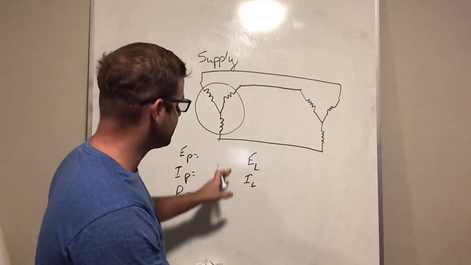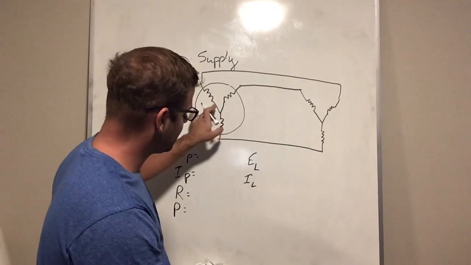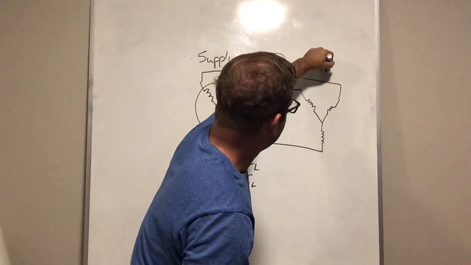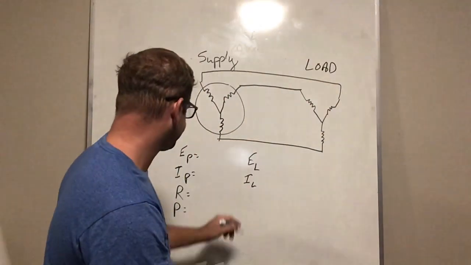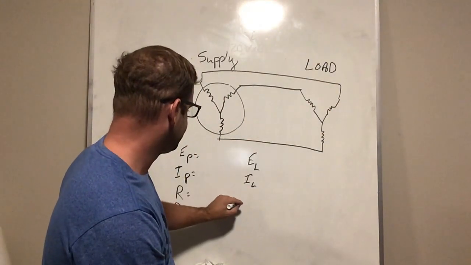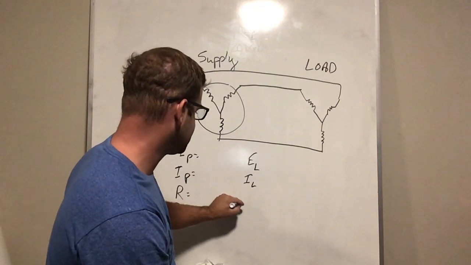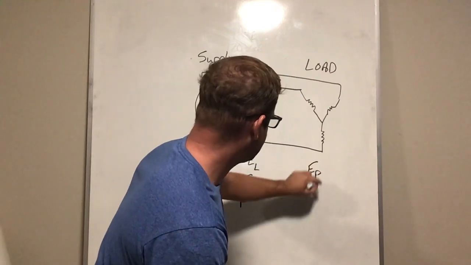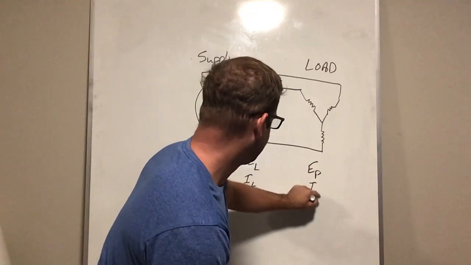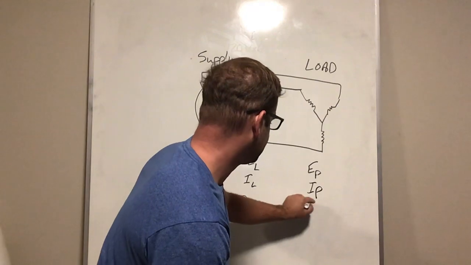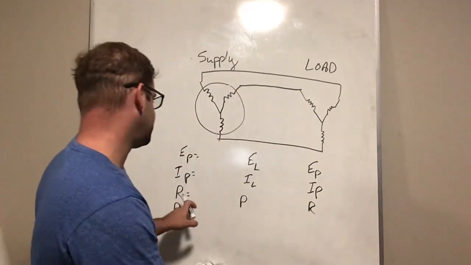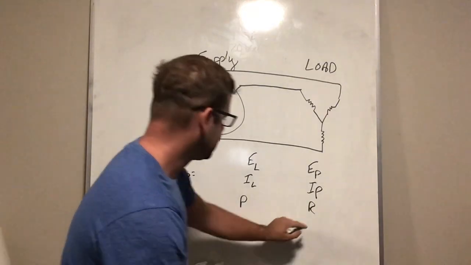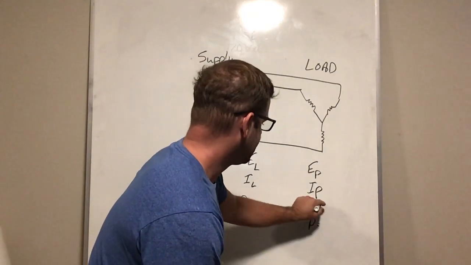Don't need to calculate resistance here because we're going to calculate it in the supply and also in the load. But I can also calculate my power at this point, and then in my load I'm going to have E phase, I phase, and the resistance, which will obviously be the same from this one to this one because I'm only having one load, and my total power.